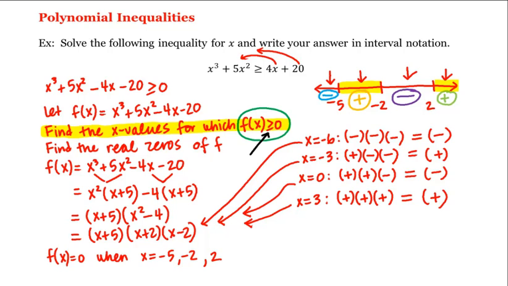Namely, we need to include -5, -2, and +2. Our answer then is close bracket at -5 because we want to include -5, up to -2, again close bracket because we want to include -2, union, close bracket at 2 because we want to include 2, up to infinity.